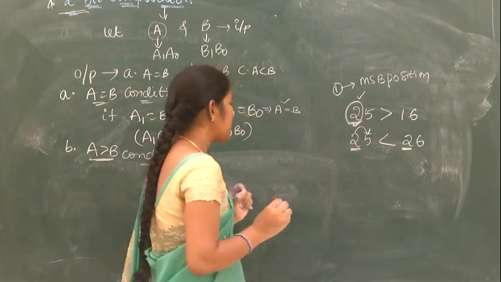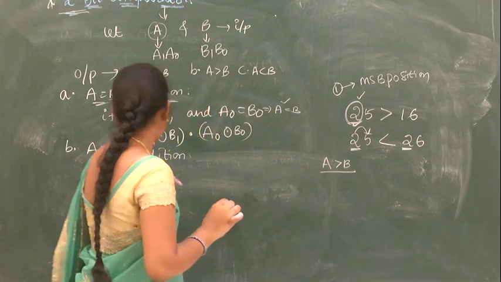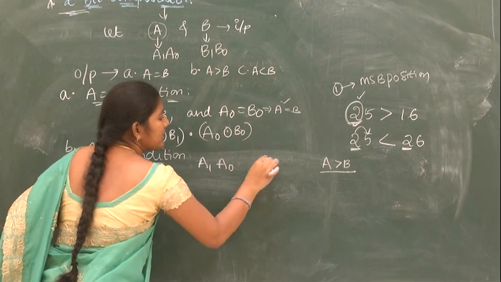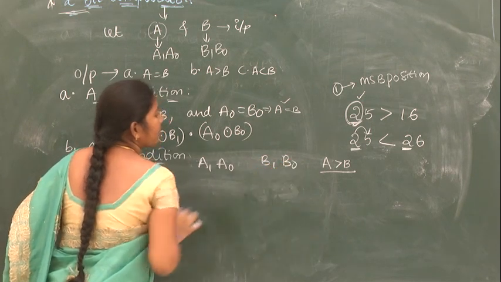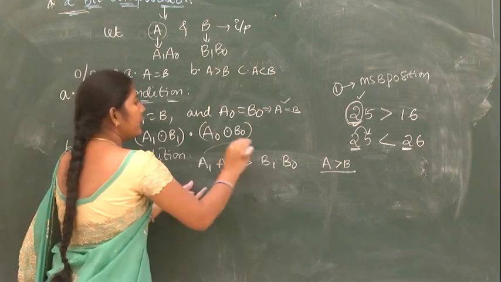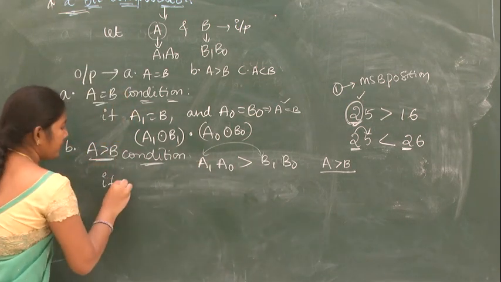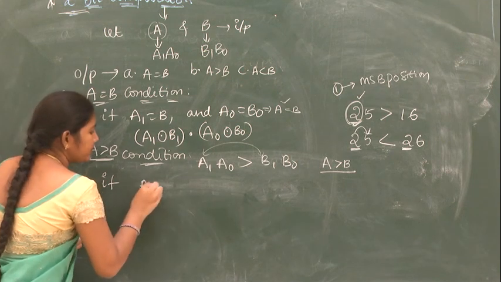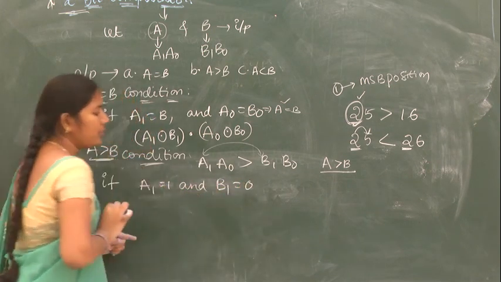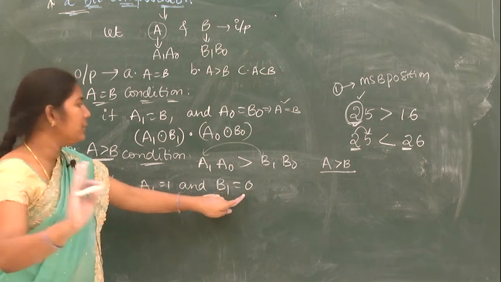So from this, my conclusion is, if you want to check A greater than B, right? See, A greater than B, with A having two bits and B having two bits. For this condition, first we need to check the MSB. Right? If A1 is 1 and B1 is 0, then no need to check the second bit.